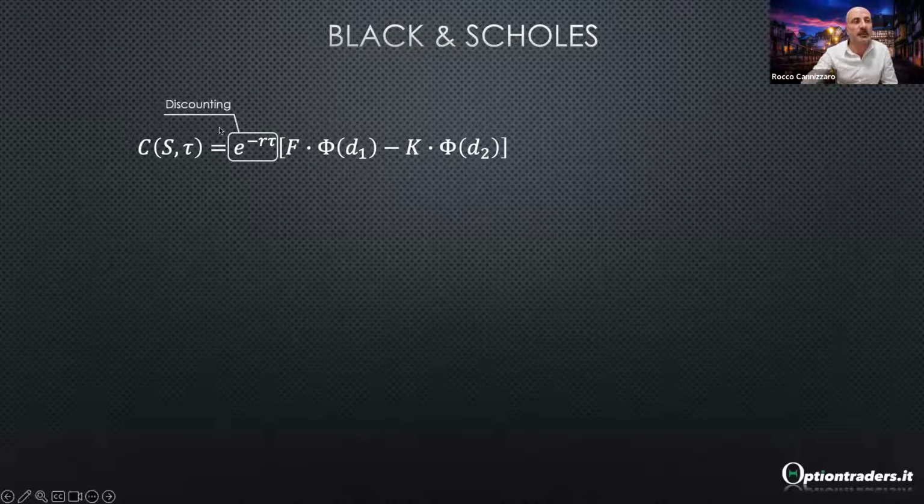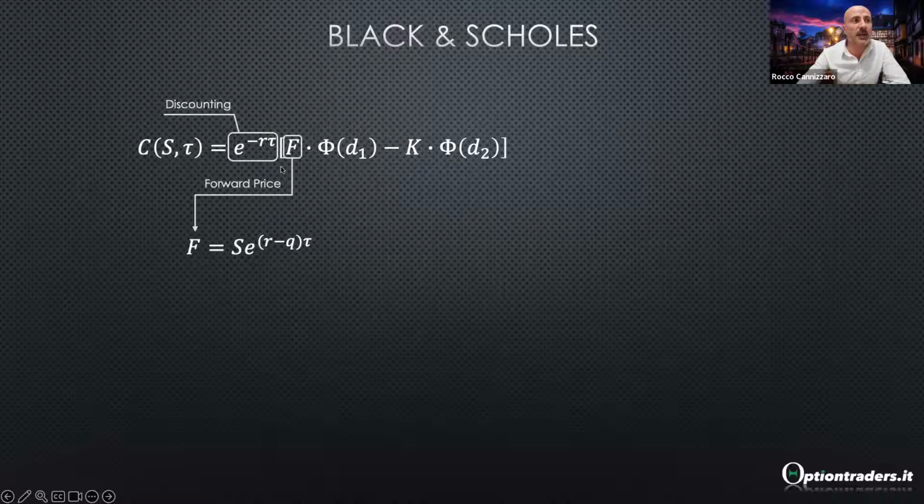In this case, you see a minus sign here, which basically is the opposite, meaning that if I know that I will receive $105 a year from now, and the interest rate is 5%, then the value today of that amount that I will receive in the future is $100, right? So this discounting term is basically used to bring back the value and calculate what the present value of a particular price is. Then we have two components. F is the forward price, which is the future price where we expect the spot, the underlying, to be.